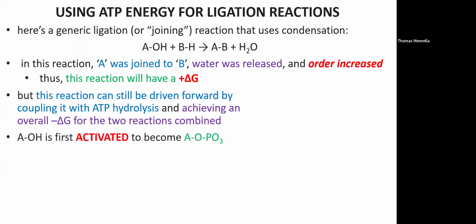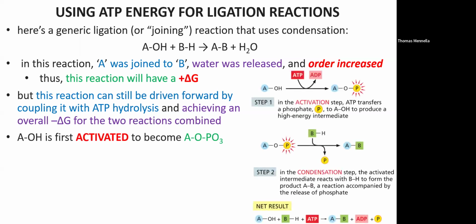So to do that, first, the molecule A is going to be activated. AOH is going to actually become phosphorylated AO. And where did that phosphate come from? It came from ATP. So here's step one. Here's our A with a hydroxyl group. And we're going to hydrolyze an ATP and release a lot of energy from the breaking of that third phosphate bond.